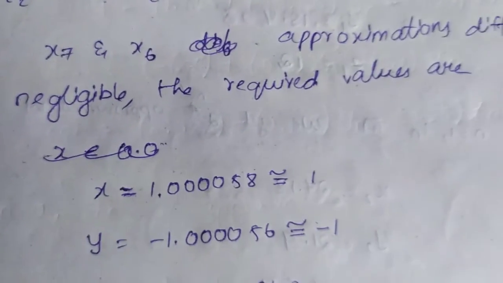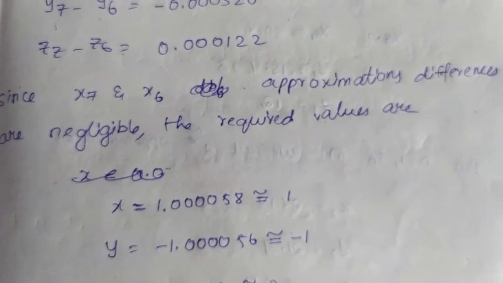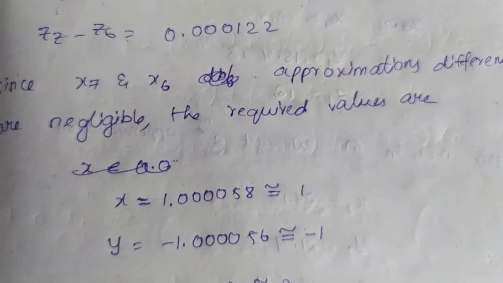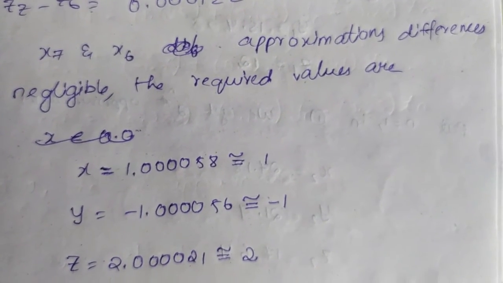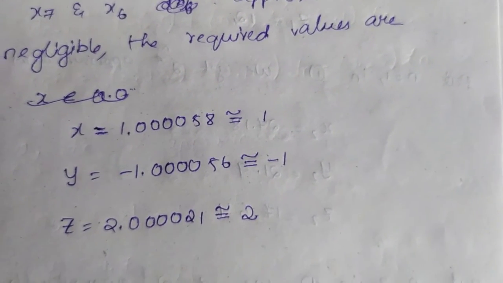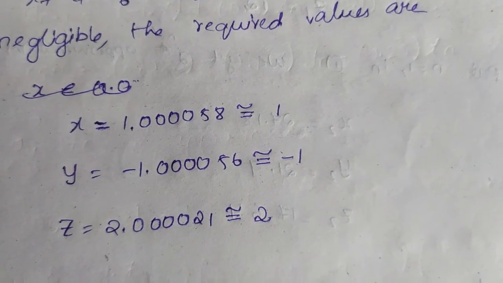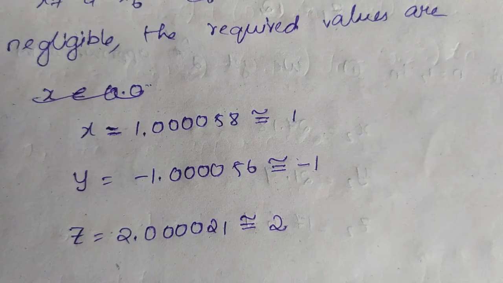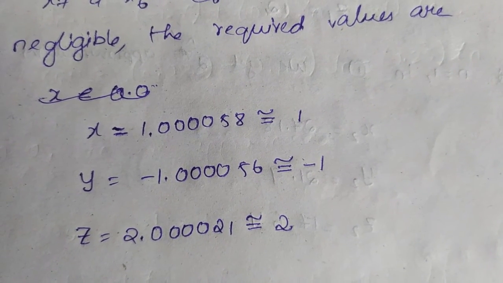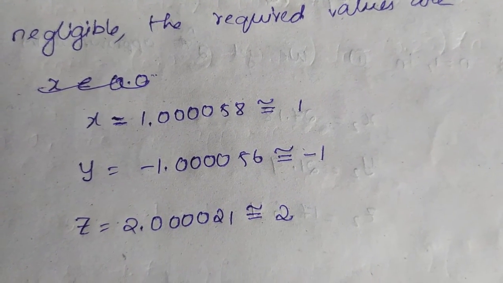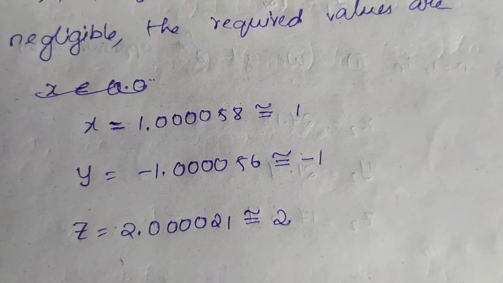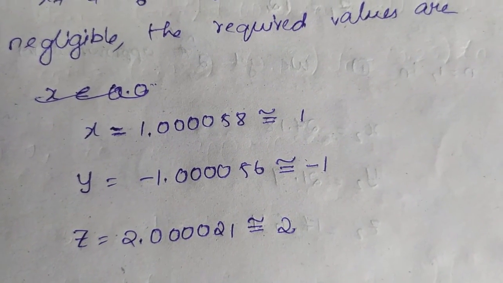Now, since the x7 and x6 approximation differences are negligible, we can take the approximate values as x is equal to 1, y is equal to -1 and z is equal to 2. Now, to verify whether the values are correct or not, we can place the values of x, y, z in the equations.